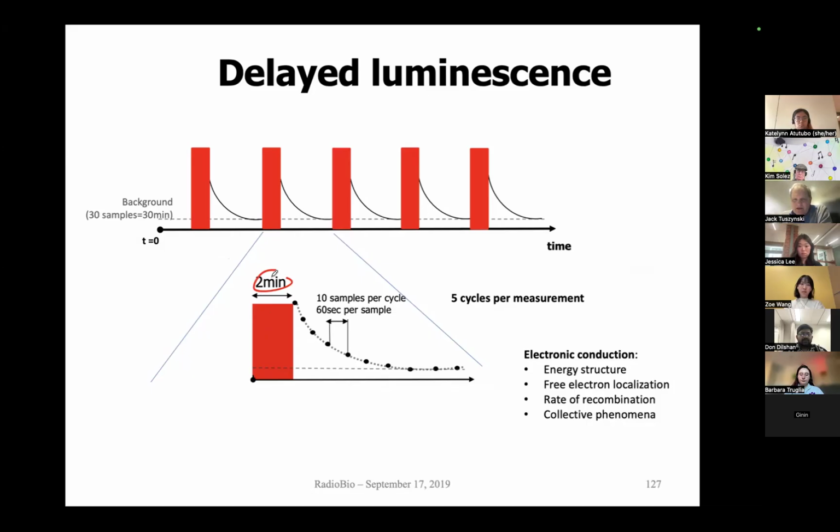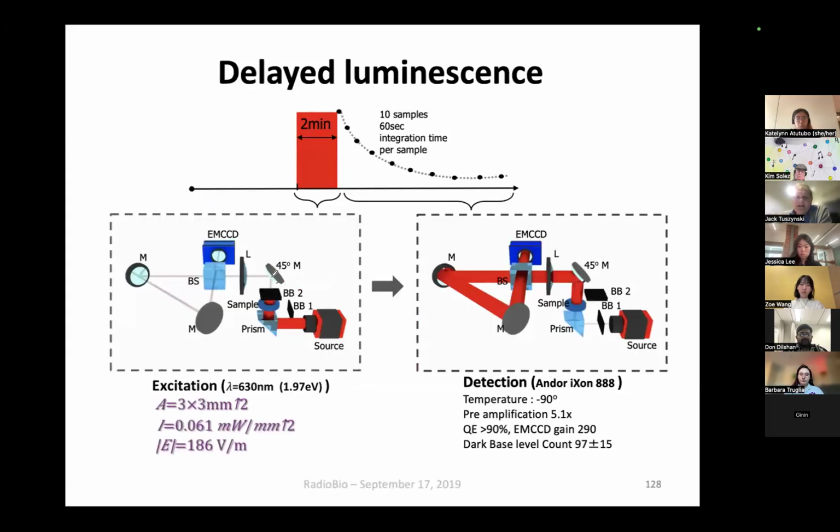Then the measurements were made on the re-emitted light from the system. That's the experimental setup. Again, very complex optics. 630 nanometer wavelength, this is the corresponding energy, about 2 electron volts. For the physicists, that maybe makes a lot of sense. And by the way, the intensity of light that was used is not very large. It's comparable to the light intensity when we are exposed to sunlight. So it's not very unusual.